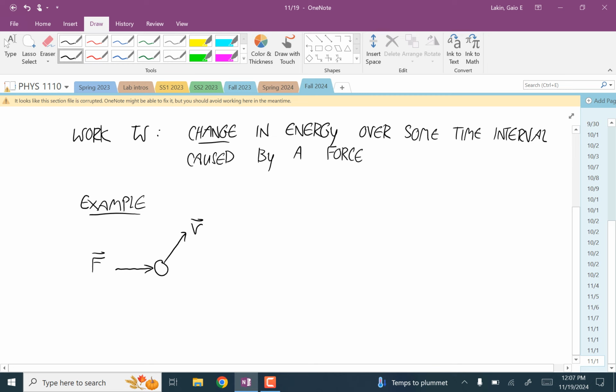Increase, right, because the force and the velocity are within 90 degrees. Roughly you can think of them as in the same direction. Maybe not the exact same direction, but roughly. And so that means that work is going to be positive, and that means that the kinetic energy is increasing due to this force.